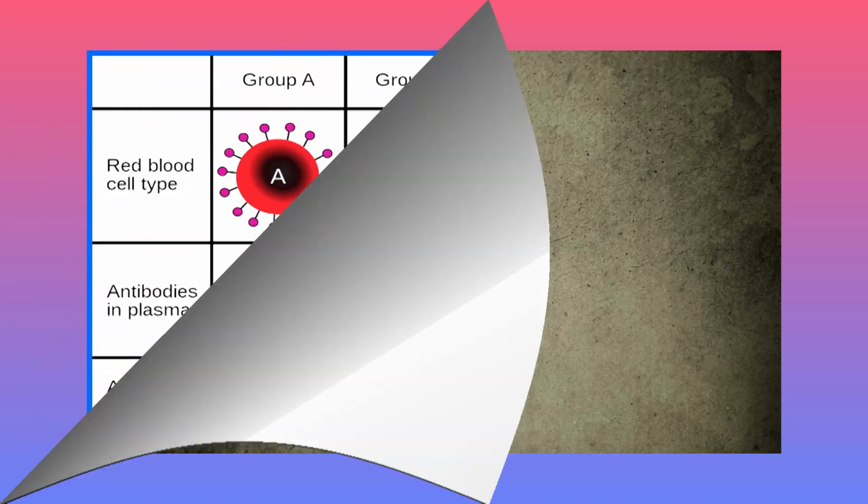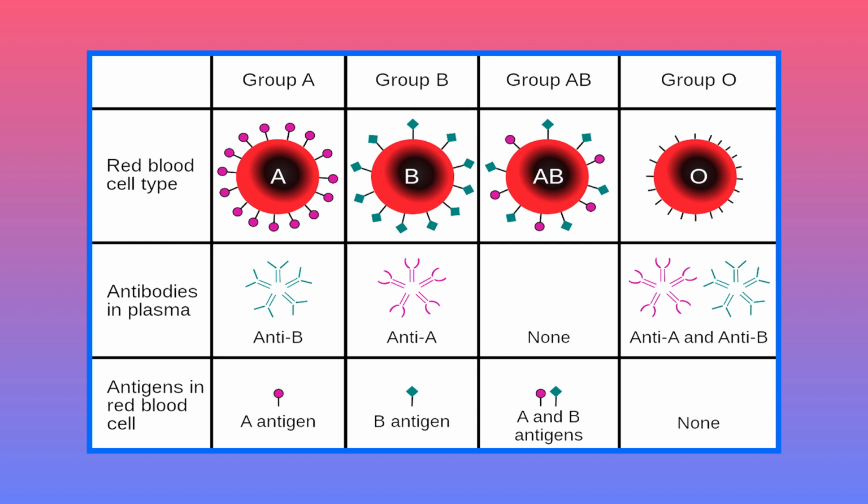One serum detects the antigen A and another detects antigen B. When only A antigen is present on the cells, the blood type is A. When only the B antigen is present, the blood type is B. When both antigens, A and B, are present on the cell's membrane, the blood type is AB. And when neither antigen, A or B, is present on the cell, it is called type O.